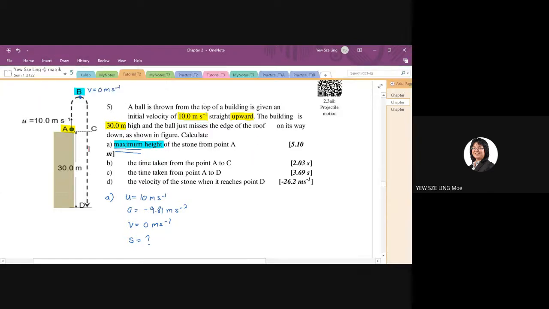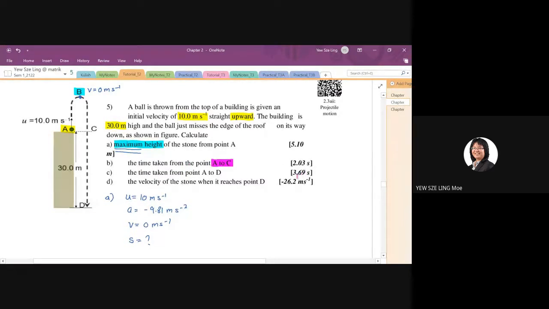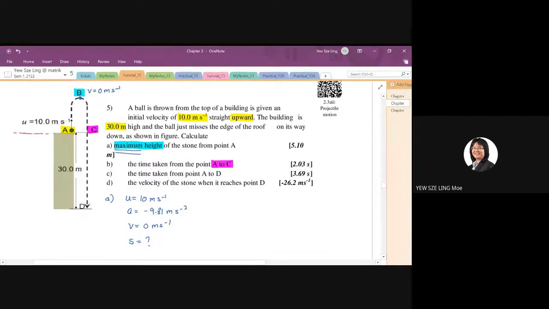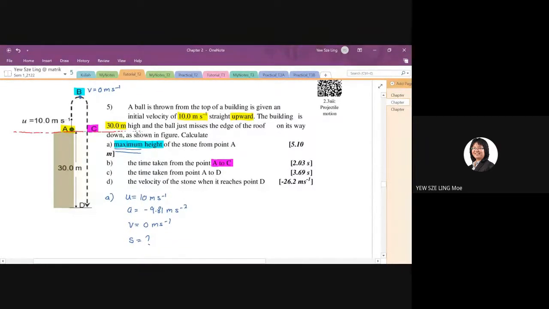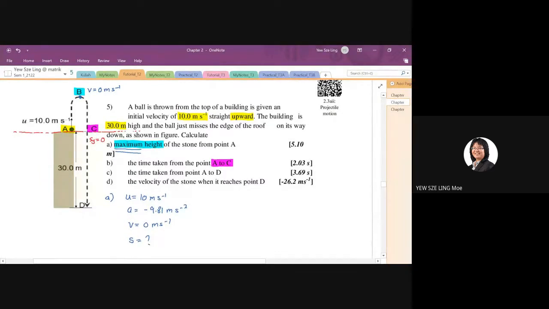Question B: the time taken from point A to point C. Point A is still your initial position, and point C is your final position. If you recall what we learned in our previous question, point A and point C are located at the same level, same height. Which means at point C, Sy again equals 0.